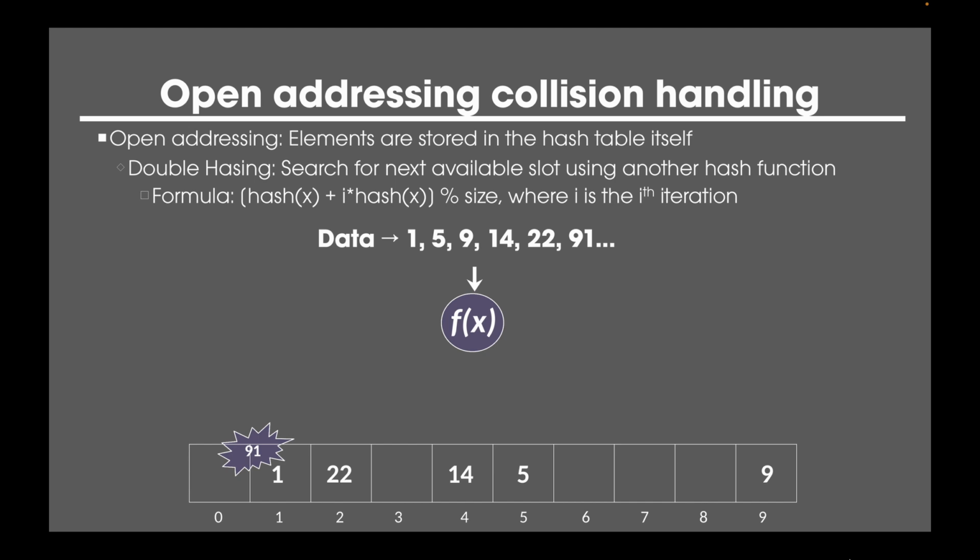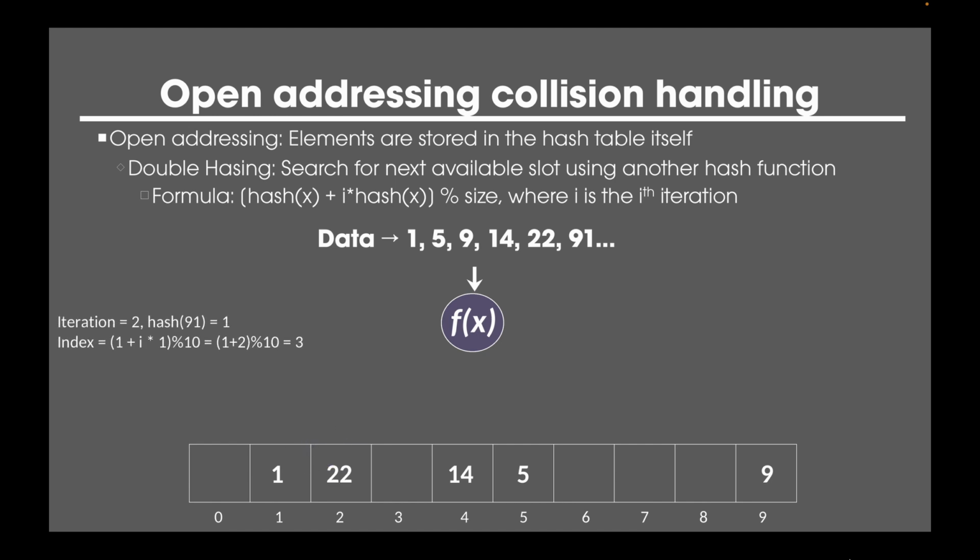91 is the data element for which the collision happened. Let us try to fill this data element after the collision using the double hashing technique. For the first iteration, the index can be calculated as 1 plus i multiply 1 modulus 10, which evaluates to index 2. Again, for the index 2, we have a collision. Thus, move to the next iteration.